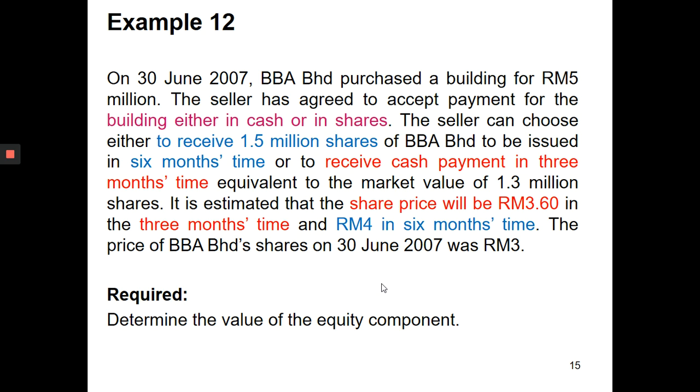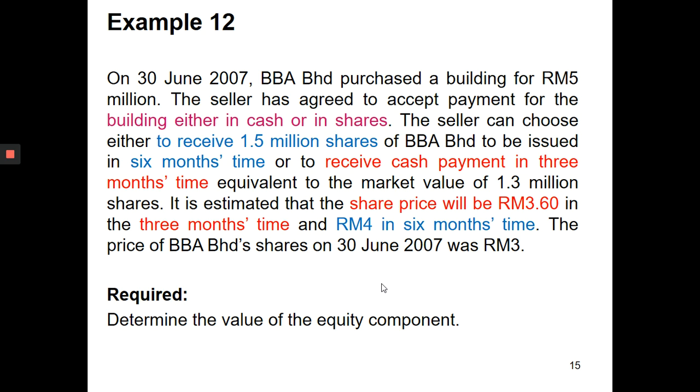So the choice here is with the counterparty, and this counterparty is a non-employee. The seller can choose either to receive 1.5 million shares of BBA Berhad to be issued in 6 months or to receive cash payment in 3 months' time equivalent to the market value of 1.3 million shares.